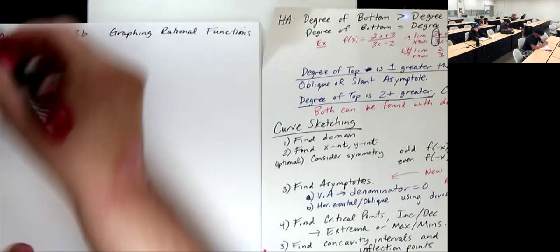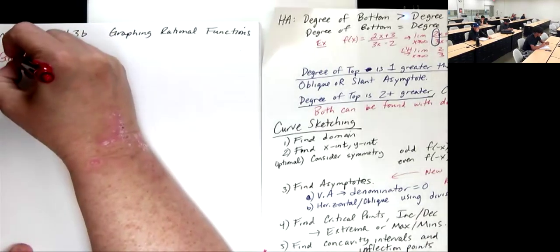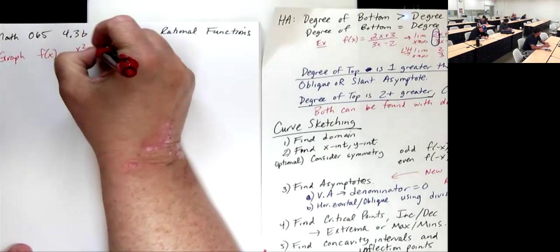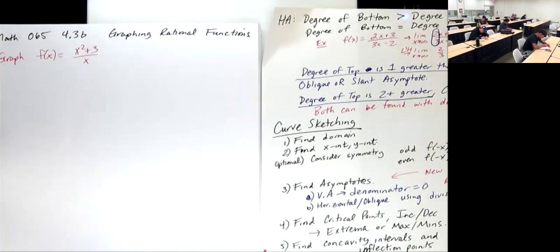Let's graph f of x equals x squared plus 3 over x. So, step one, find the domain.